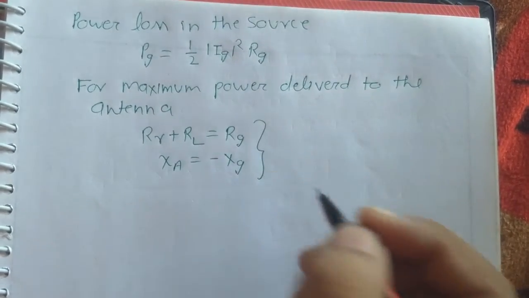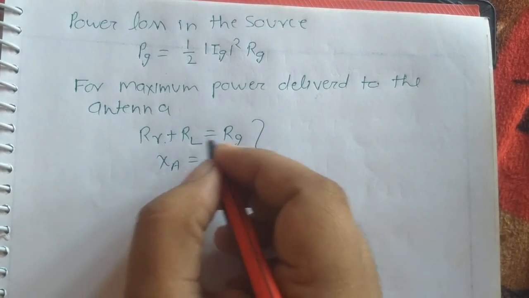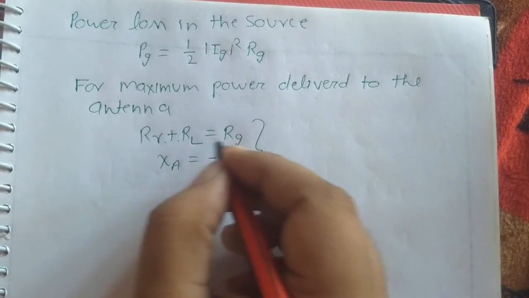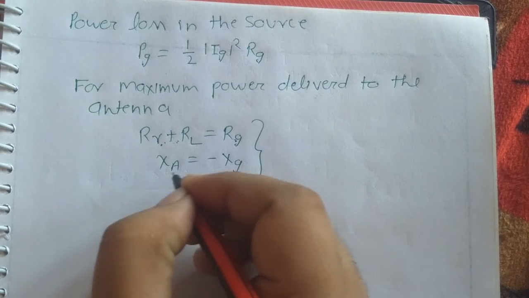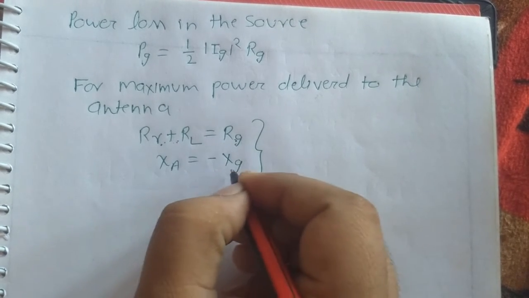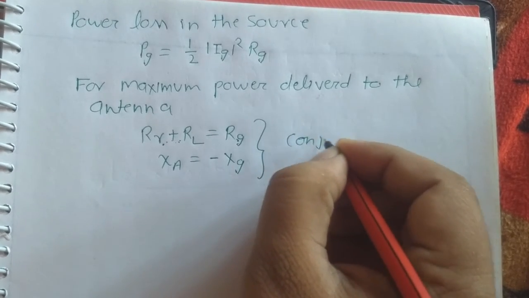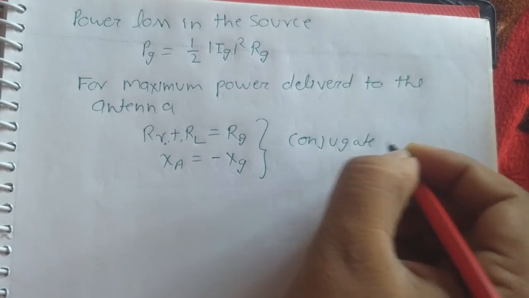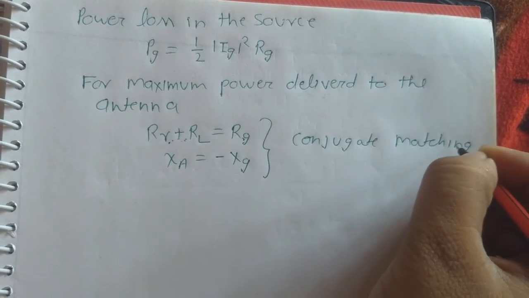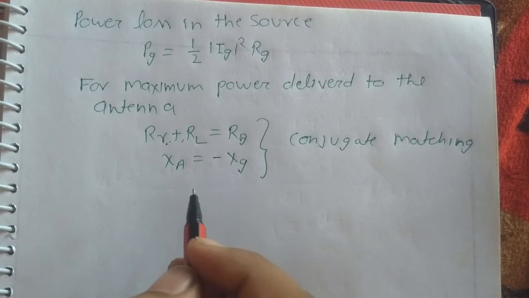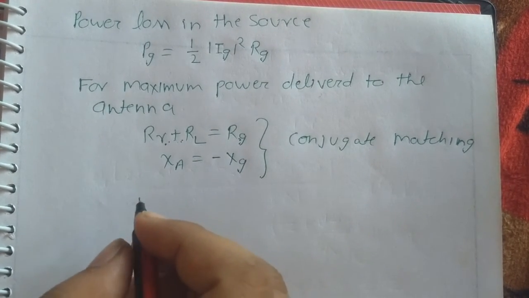This is nothing but the condition of the maximum power transfer theorem. The real part of the load impedance and source impedance should be equal, and the imaginary parts should be complex conjugate matched. There should be conjugate matching for the maximum power transfer theorem.